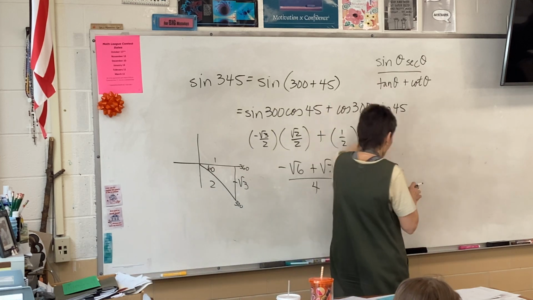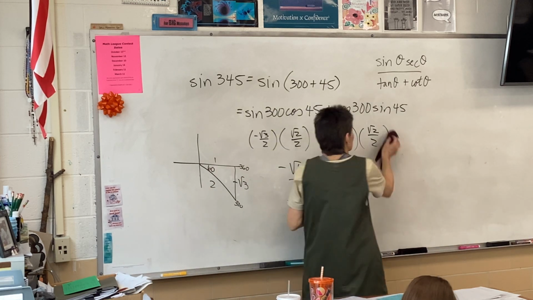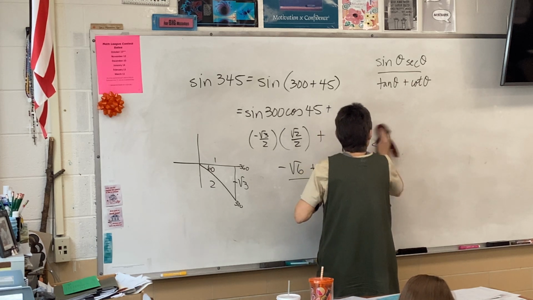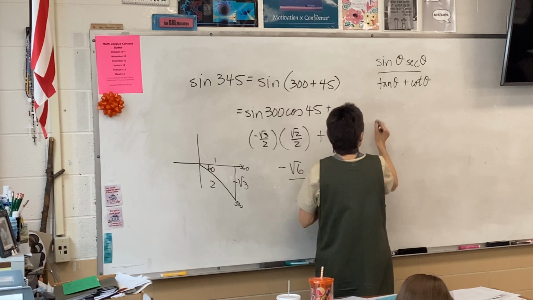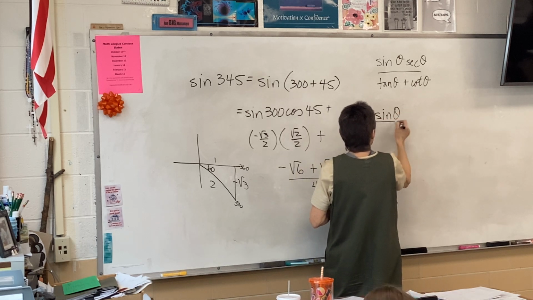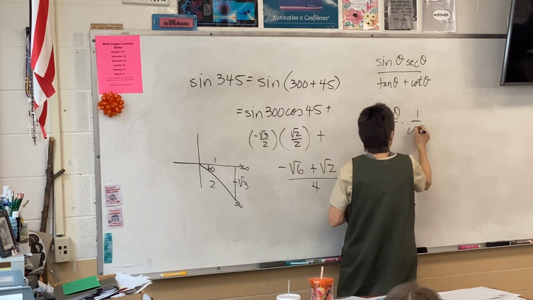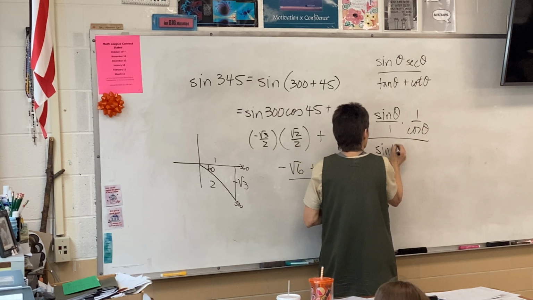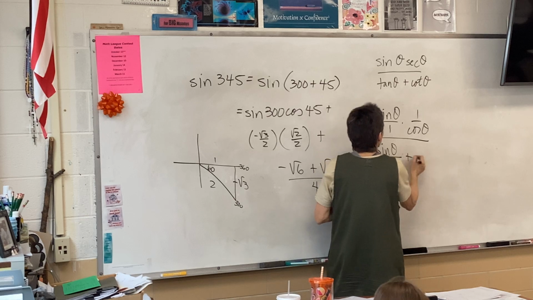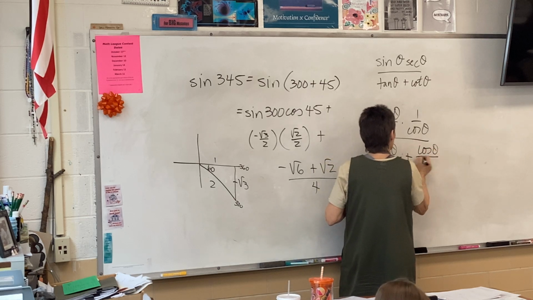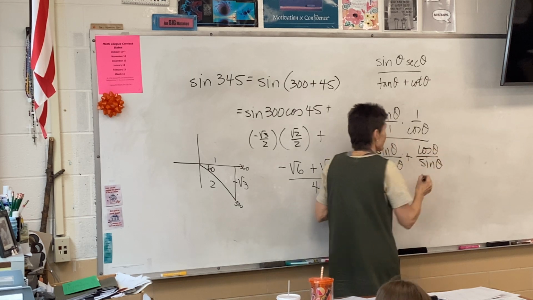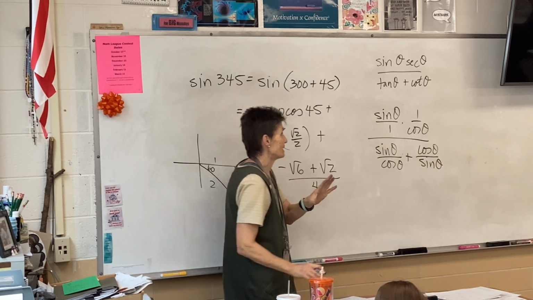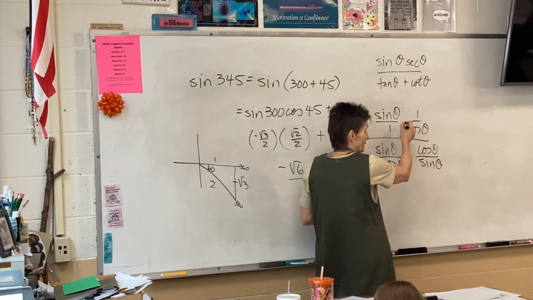So, sine, over 1 over cos. So it's sine over 1 times 1 over cosine, over sine over cosine plus cosine over sine.